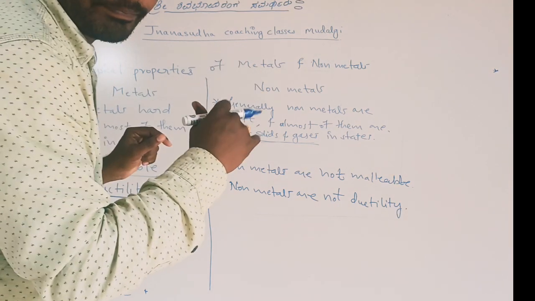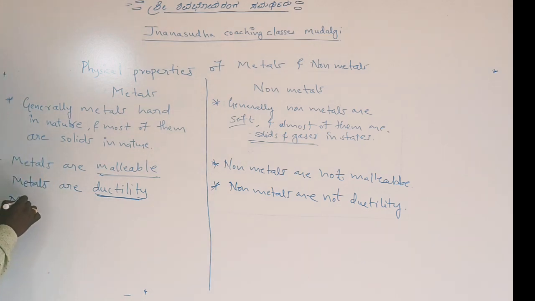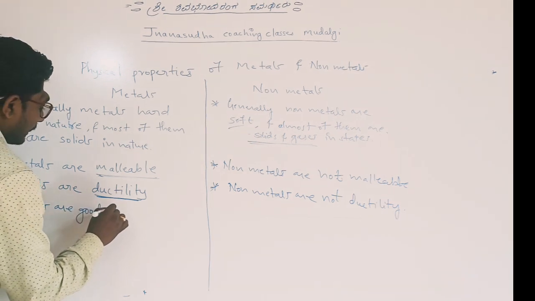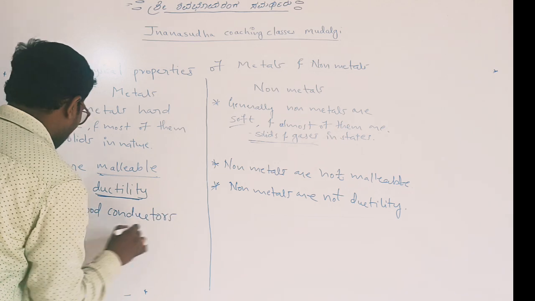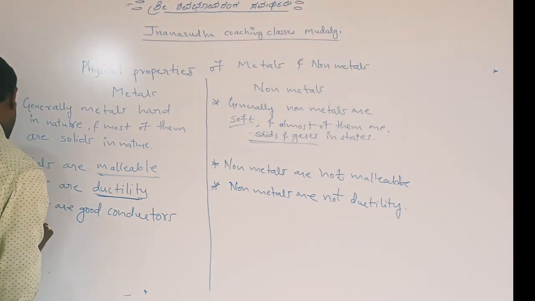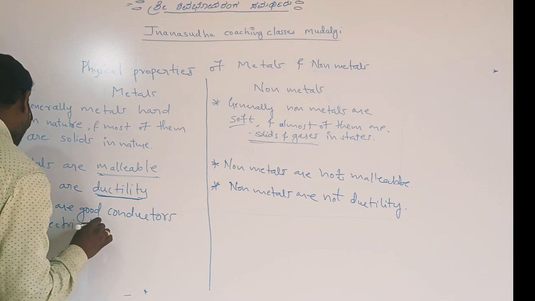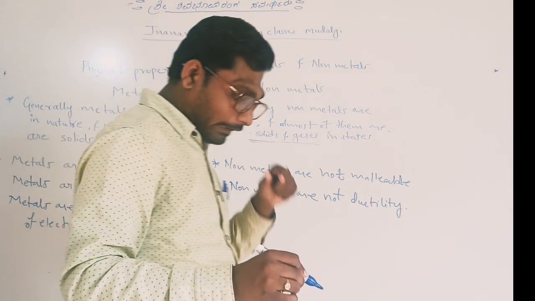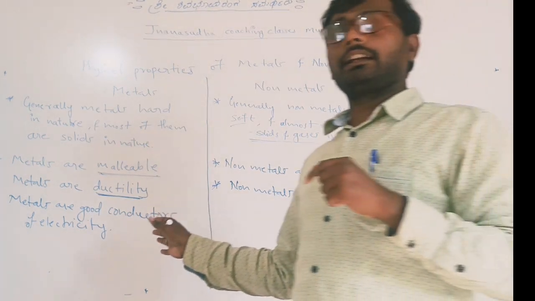Okay, next one: metals are good conductors of electricity. Metals allow us to pass current, which means they are good conductors.